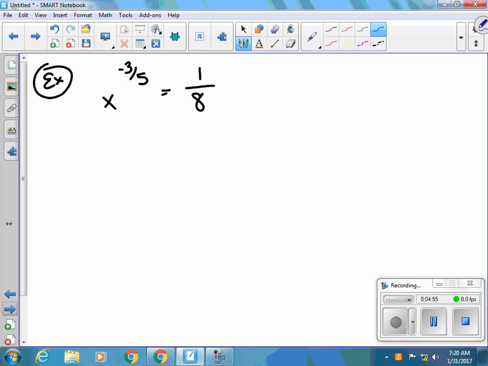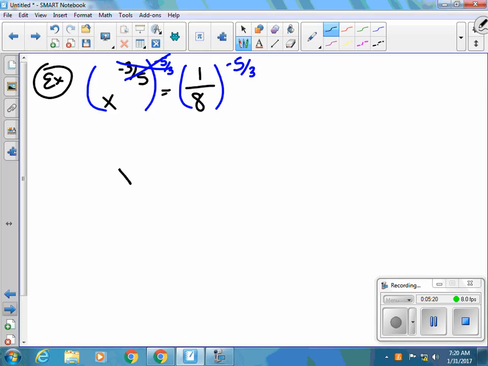In order for me to get rid of that exponent, I need to take it to the power of negative 5 over 3. When I take it to the power of negative 5 over 3, the exponents on the left side cancel, because we would have negative 3 over 5 times negative 5 over 3 to give me positive 1.